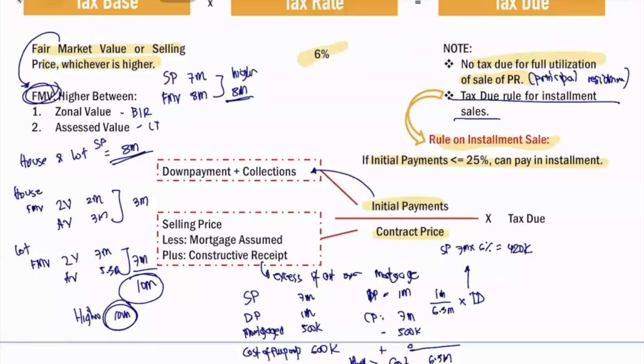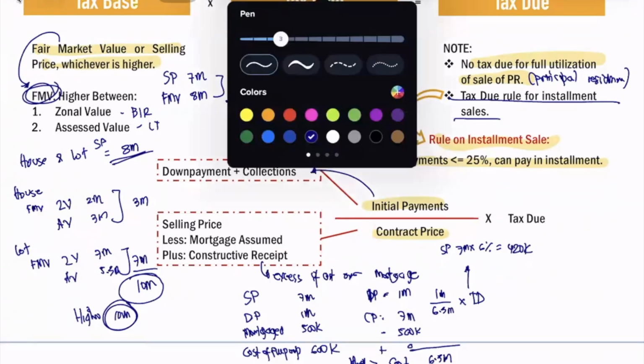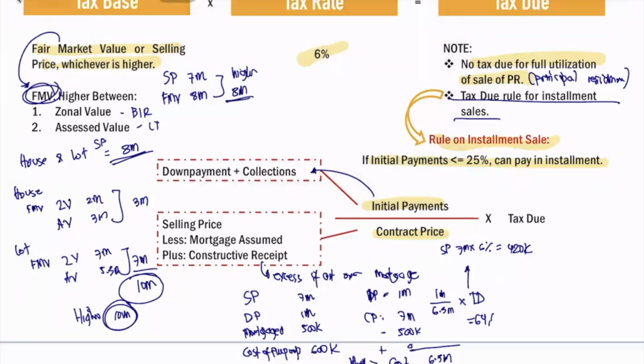The initial payments here is 1 million, and our contract price is 6.5 million. So 1 million over 6.5 million, you multiply that to 420,000. The total tax due therefore is 64,615.39.